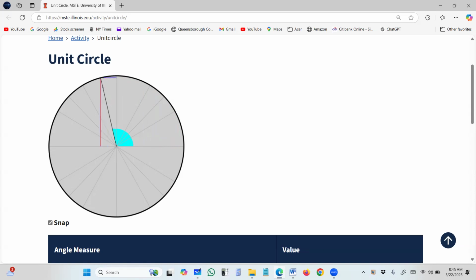As I increase the angle some more, going to 180 degrees, the red line is the sine, so it decreases and cosine increases, until I am exactly at 180 degrees, and cosine is -1, and sine is 0. And it continues again, going around and around.